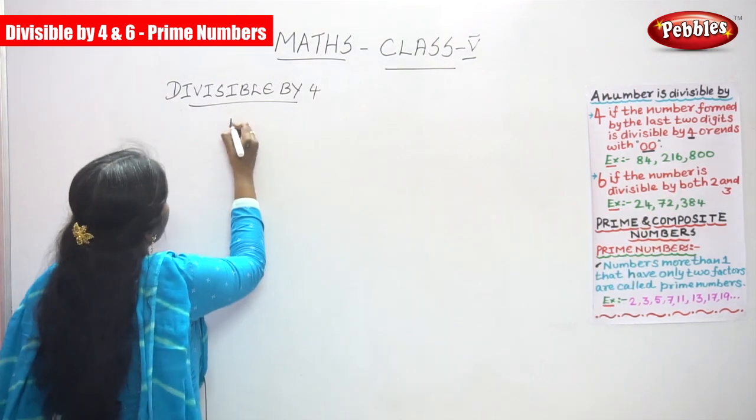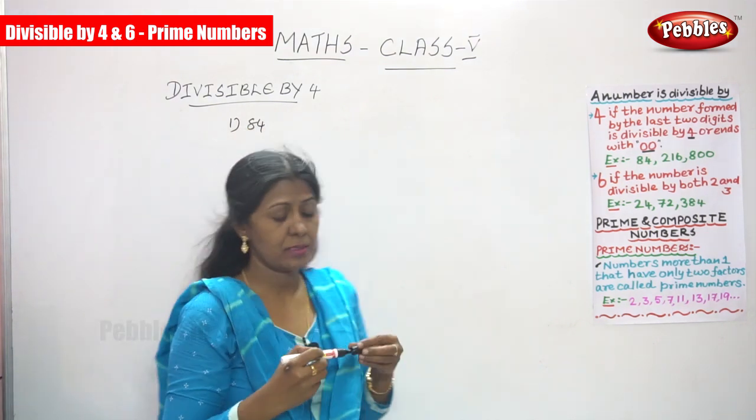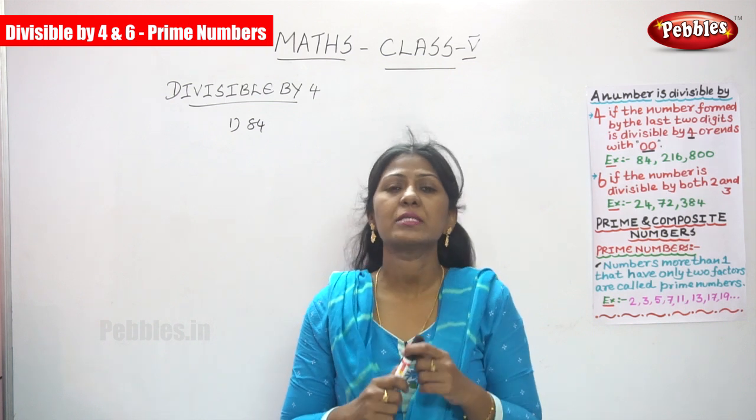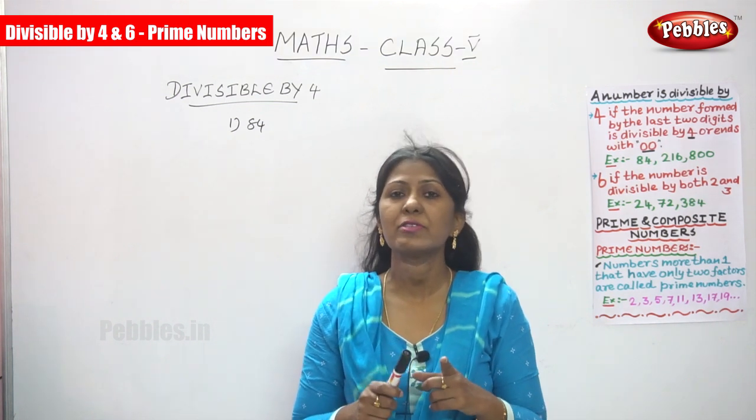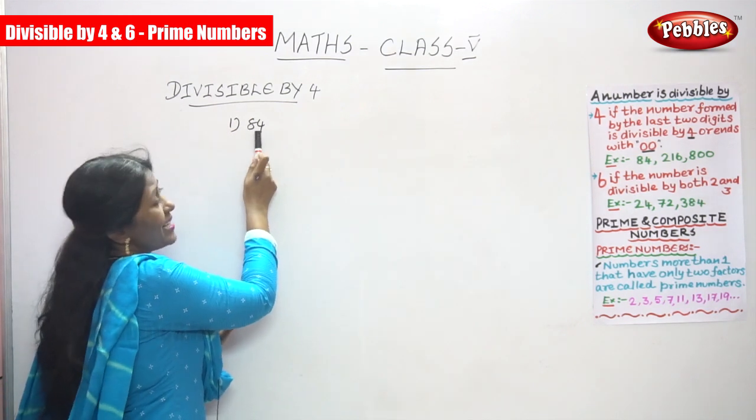First one is 84. I've told you the last two digits must be divisible by 4. The last two digits are 84, ones and tens.